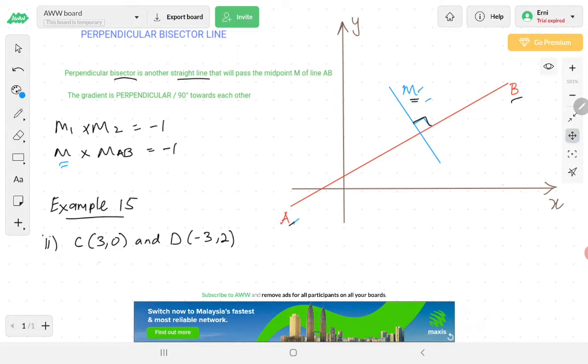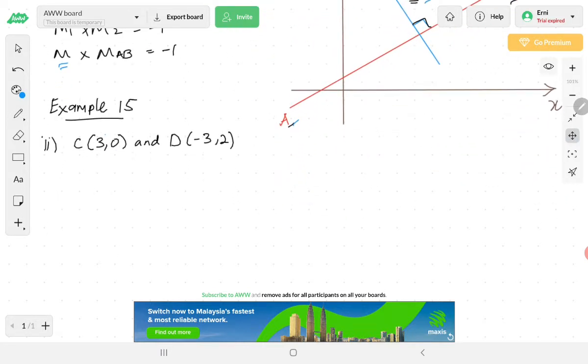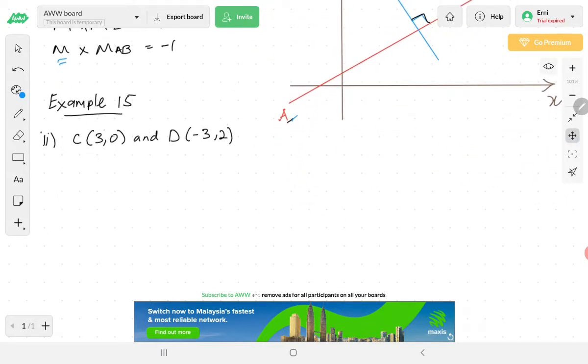So we proceed to example 15.2. Given the points C and D, where C equals (3, 0) and D equals (-3, 2). For the solution, the first step is to find the gradient of line CD.